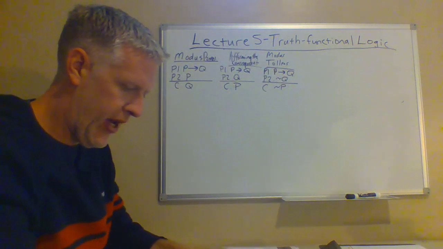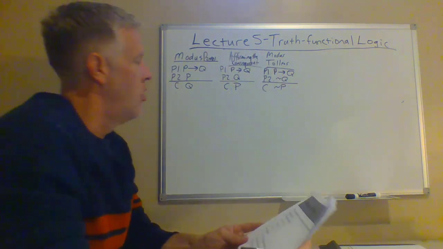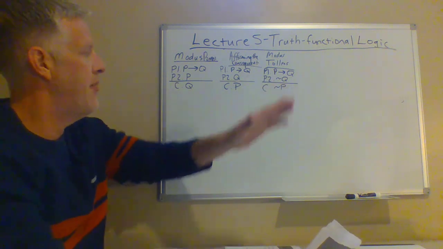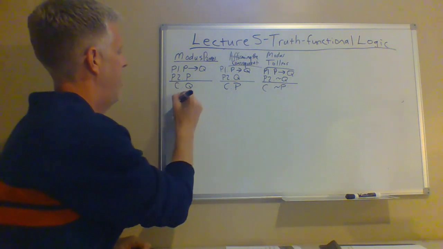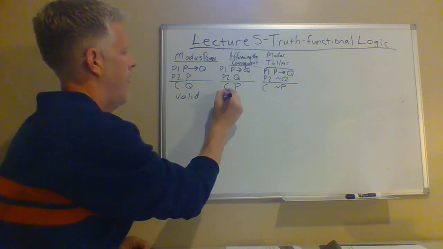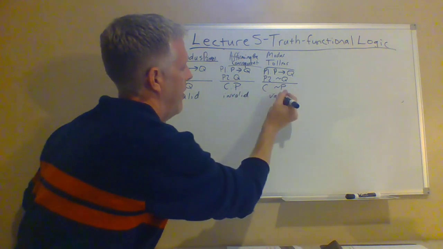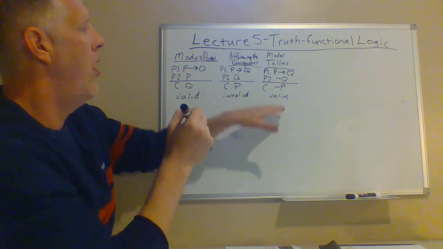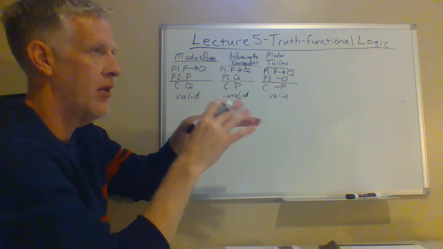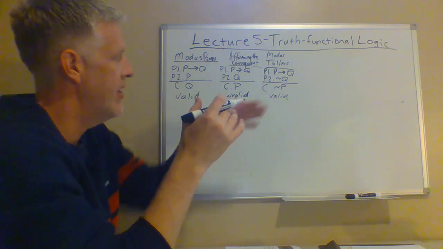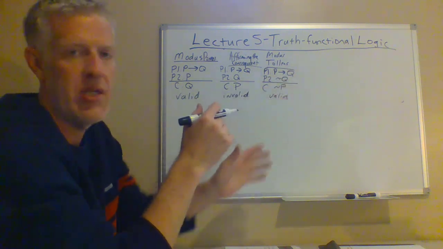So again, this is slide 15. That's the underlying form. It doesn't matter what you map up, as long as the underlying structure of what's being said in everyday sense has this underlying form, it's going to be valid.